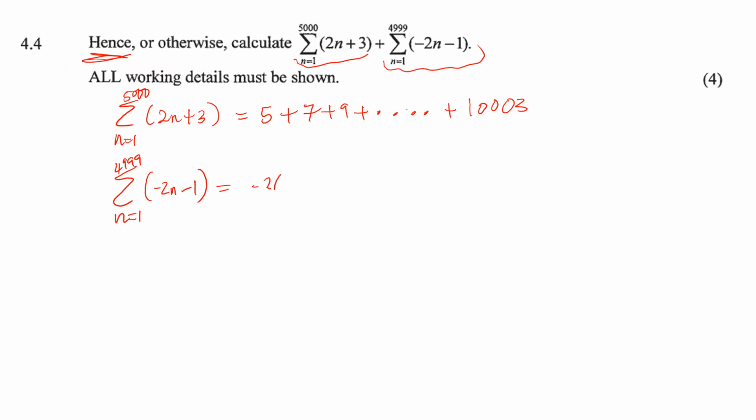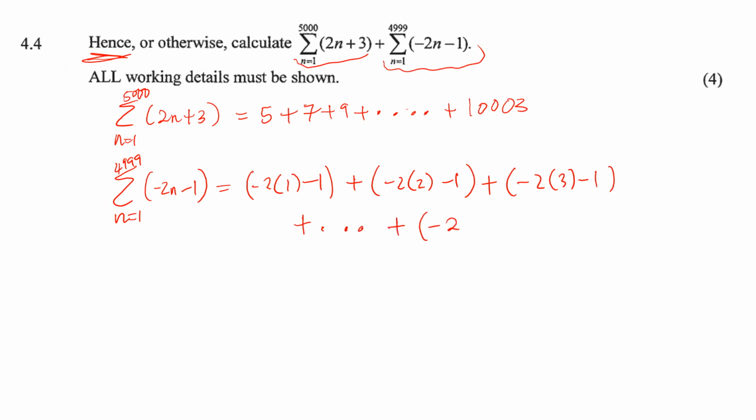So when we expand it, it's going to be what? Minus 2 into 1 minus 1, right? You can just put that in brackets, plus minus 2 into 2 minus 1 plus minus 2 into 3 minus 1, right? Those are the first 3 terms. Then let's go and also get the last term. It's going to be plus minus 2 into the last value here.